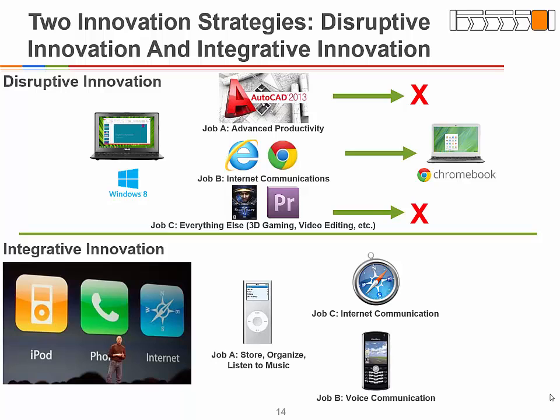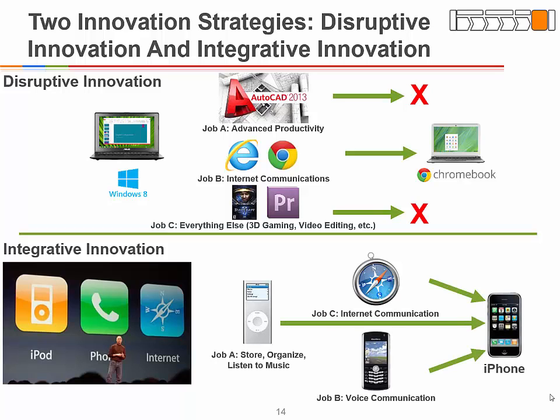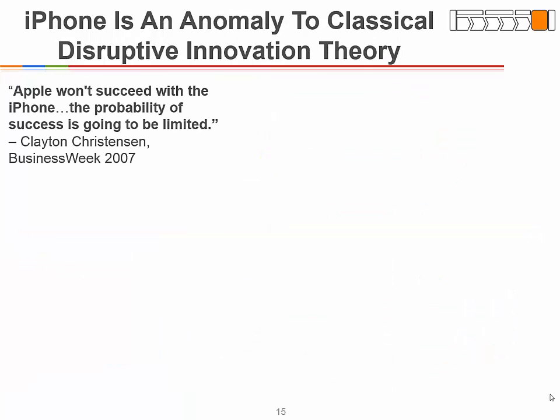This is not three different products. This is one product that does three things. It's an iPod, a phone, and an internet communicator. And that's the theory of integrative innovation, integrating multiple jobs to be done into one device and providing a lot more benefit. So, let's explore this a little bit more with the iPhone.